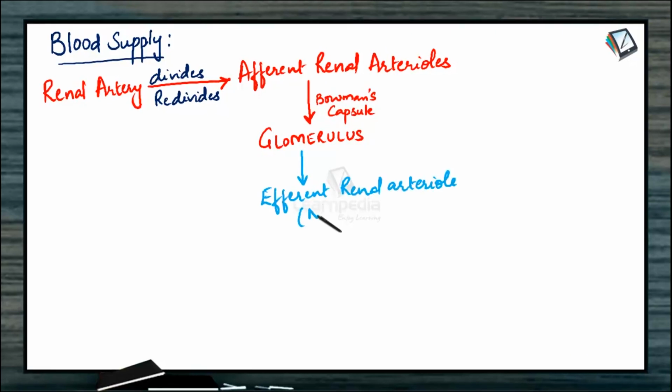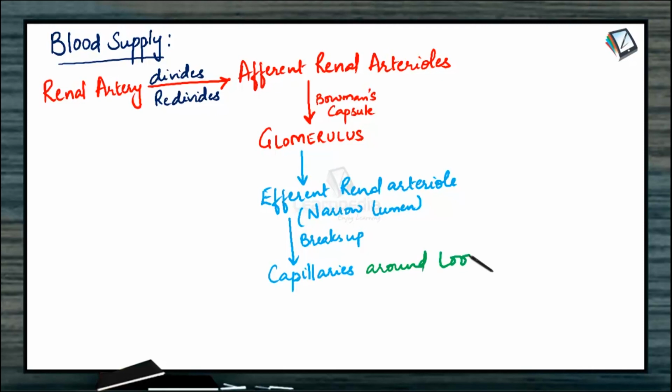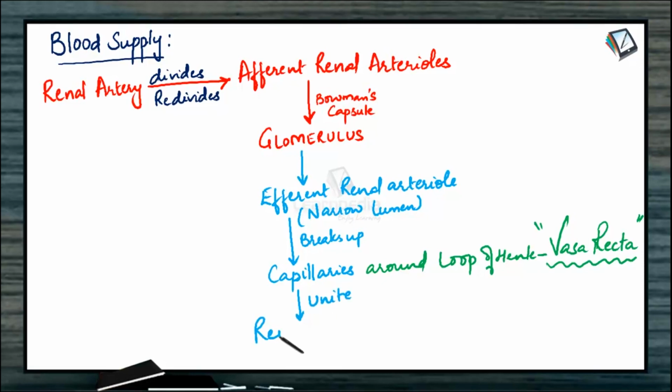It has a narrower lumen than the afferent renal arteriole. The efferent renal arteriole further divides into capillaries, and the capillaries around the loop of Henle are known as vasa recta. All the capillaries in turn unite to form the renal vein. This renal vein leaves the kidney through the hilum.